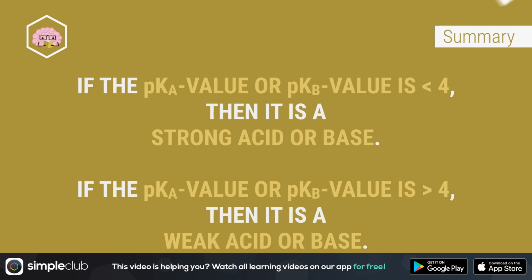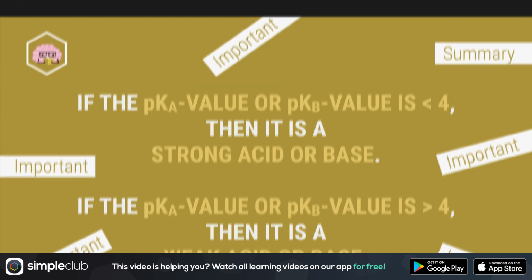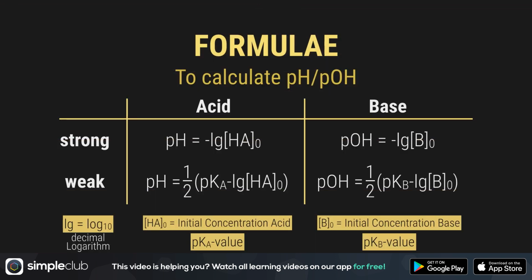A small tip: this classification is very important. It's best to learn it by heart. You can also divide things even further, namely into very strong, strong, and intermediate acids or bases. But for us, only the distinction between strong and weak is important.